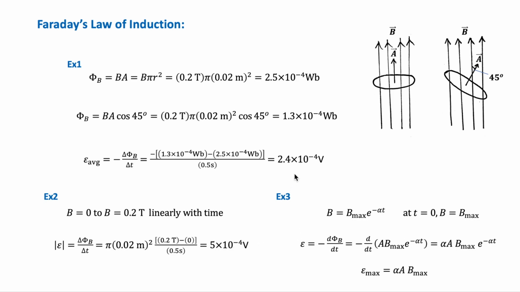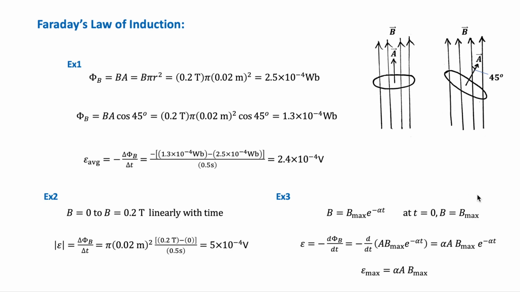We consider also another example in which the magnitude of the magnetic field changes exponentially with time, according to this expression, where alpha is a constant. So at t equal to 0, B is equal to its maximum, and for t greater than 0, the magnitude of the field will decay exponentially with time, like that, an exponential curve.